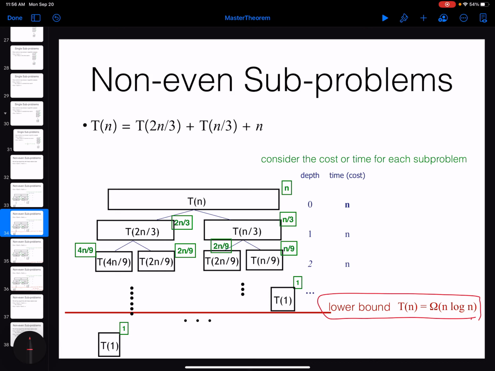For the case of the upper bound, we assume that you keep growing the tree even for these parts which are not going to be in T of n, but assume that the tree is fully developed until this level. So again, the cost of each level is n. How many levels are you going down? The number of levels will depend on changing the size here, right?